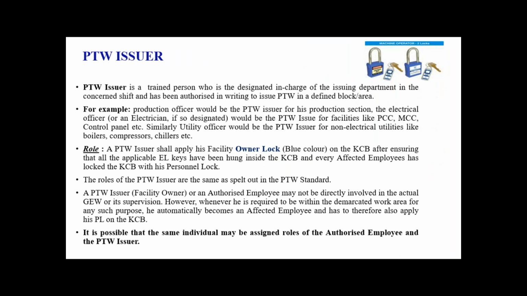Then PTW issuer. We have already discussed the permit to work system, and we will discuss it in detail in another presentation. But we have already discussed where to apply this permit to work system.